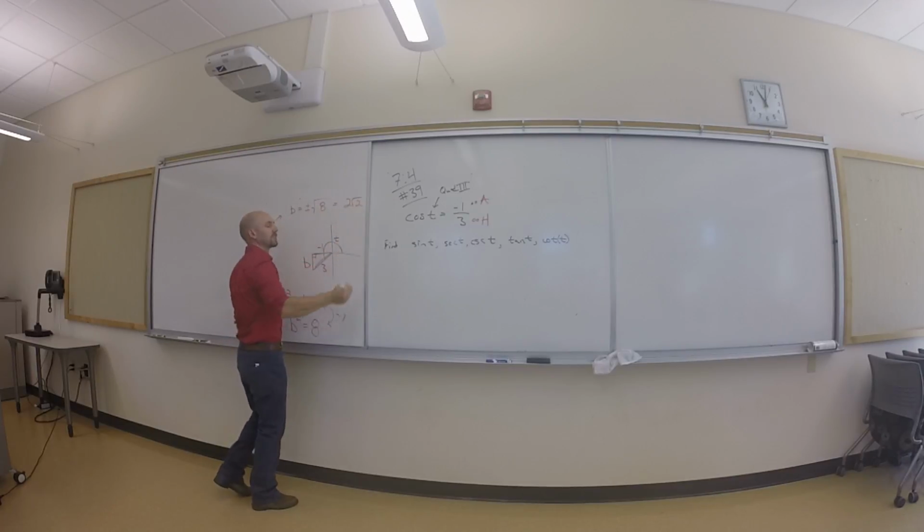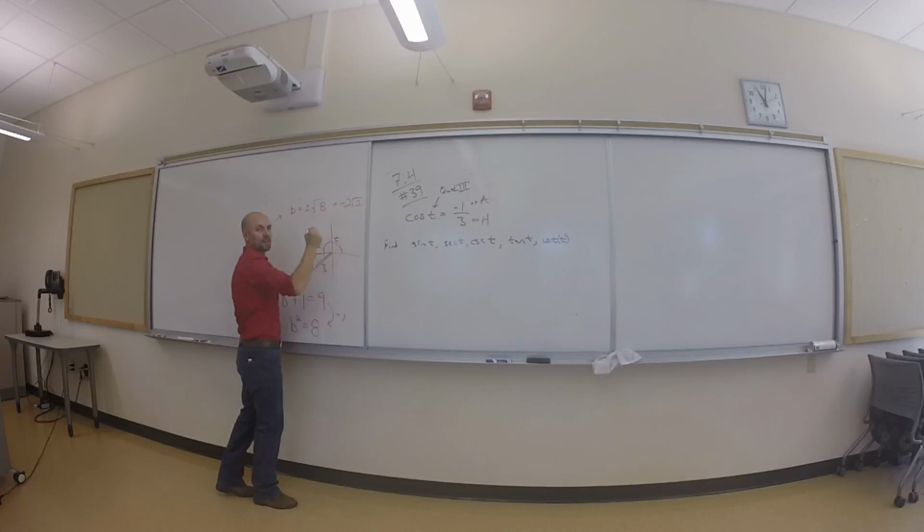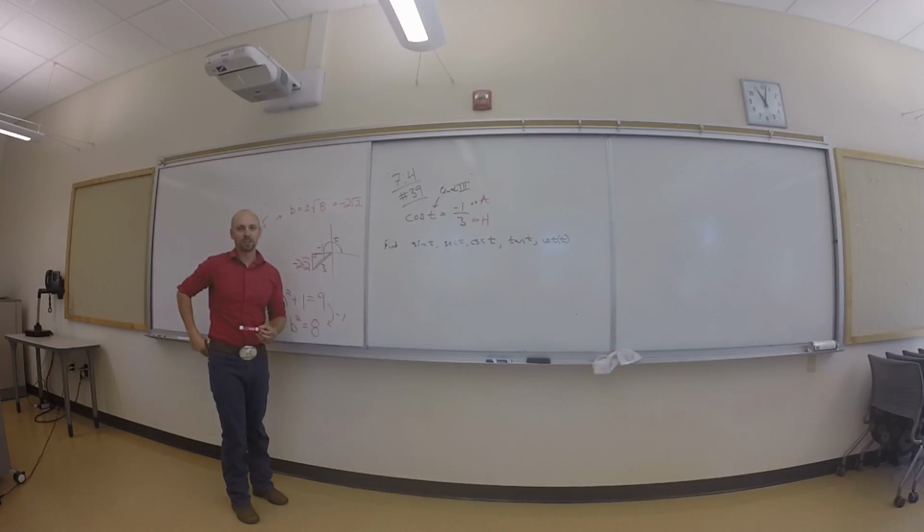And what do you know about the sign? Sorry, the S-I-G-N, not S-I-N-E. So the sign with a G has to be negative because this thing is going down. So I can replace B in this picture with -2 root 2. And now I can just read off all of the answers.